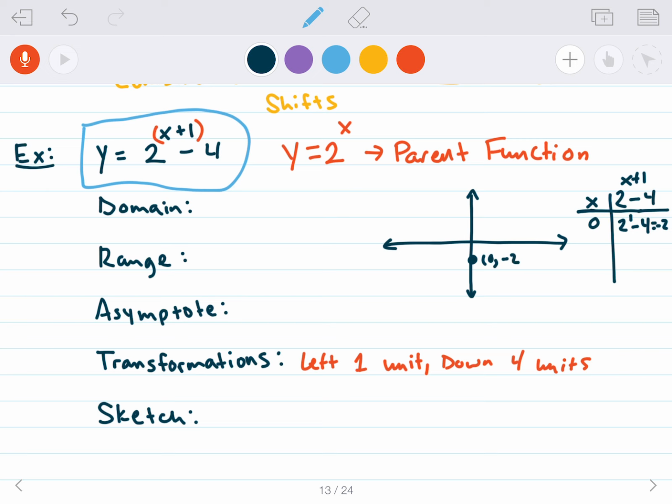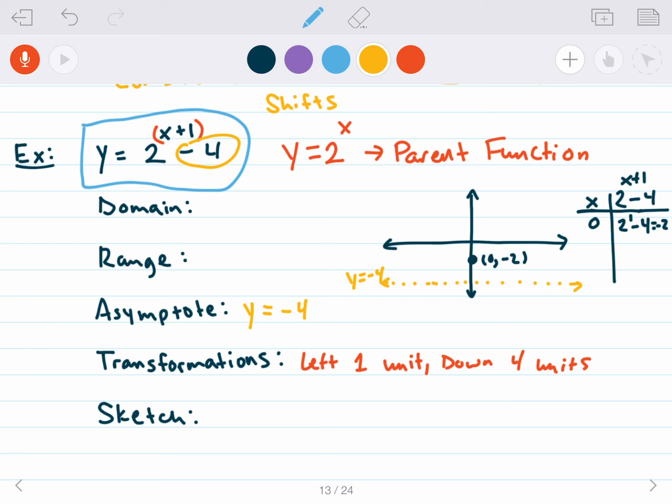We also know where our horizontal asymptote is based on the vertical shift. The horizontal asymptote is going to be at our vertical shift, so it's going to be at -4. So let's do a quick little sketch of that. This is our horizontal asymptote, y equals -4.